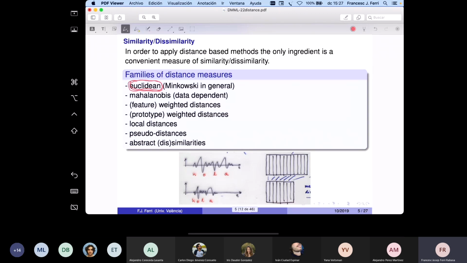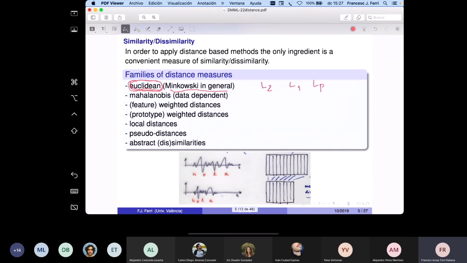This Euclidean distance generalizes to the so-called Minkowski family. The Euclidean distance is also called the L2 distance. We have the L1 distance, and in general the LP distance, which are generalizations of the Euclidean distance.